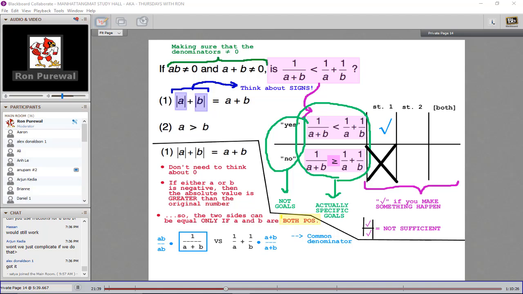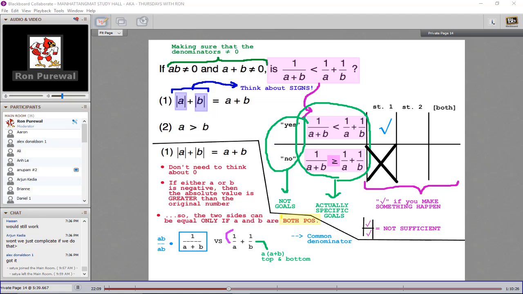Okay, let's see what we get. Now, sorry, we gotta do more than that. We gotta multiply this one by A and A plus B. And then we got to do the other one by B, A plus B. So let's see what happens if we do that.